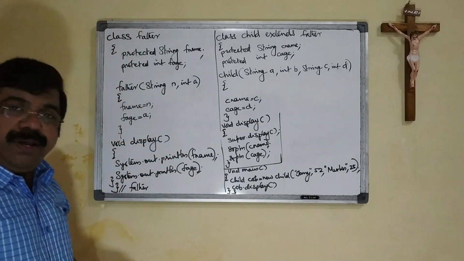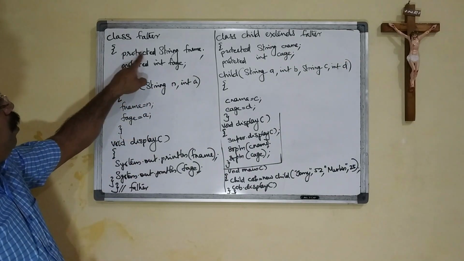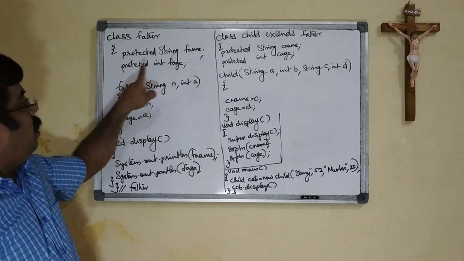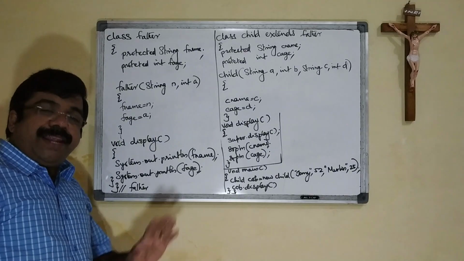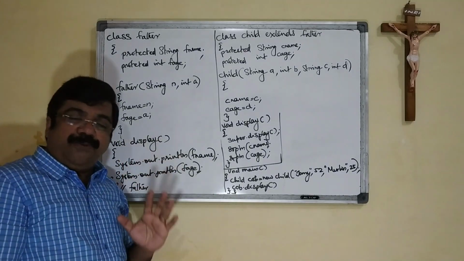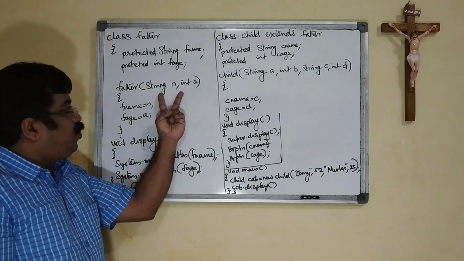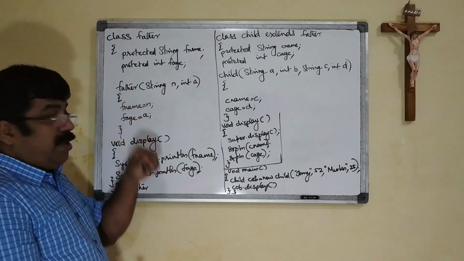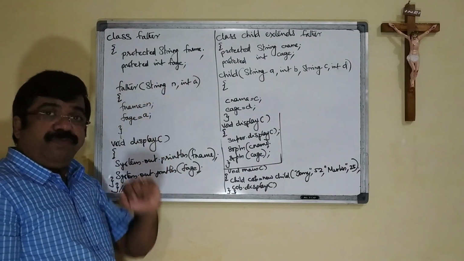Class Father, having two data members, protected String f_name and protected int f_age, the characteristics of the father class. One constructor which is parameterized: Father(String n, int a).